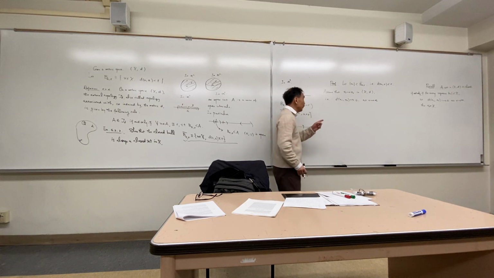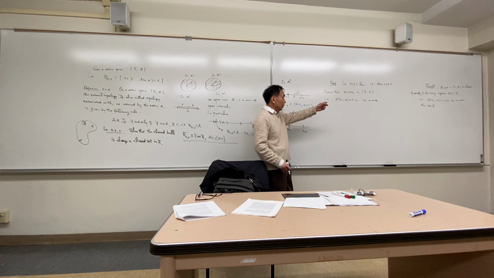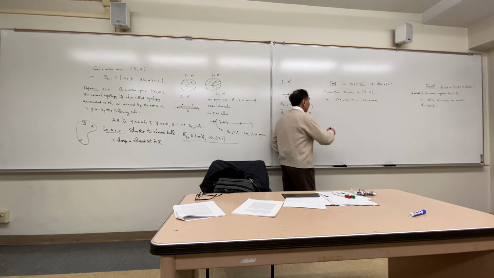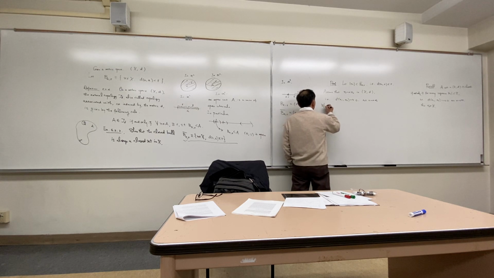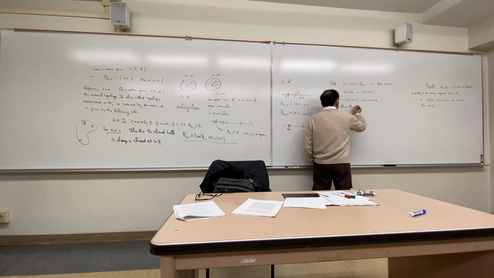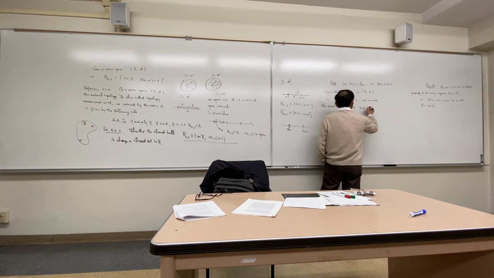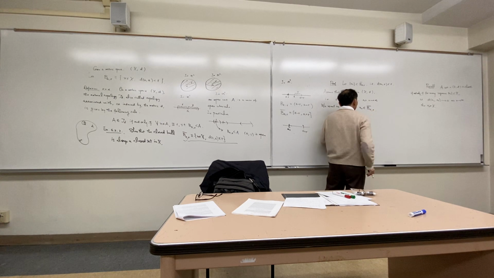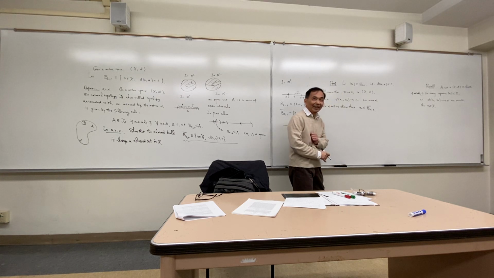Now what we need to show is that this x naught must belong to B bar (A, R).